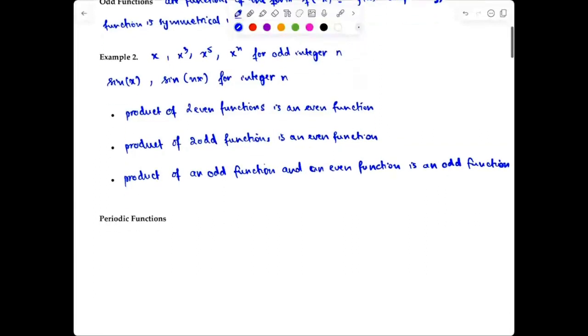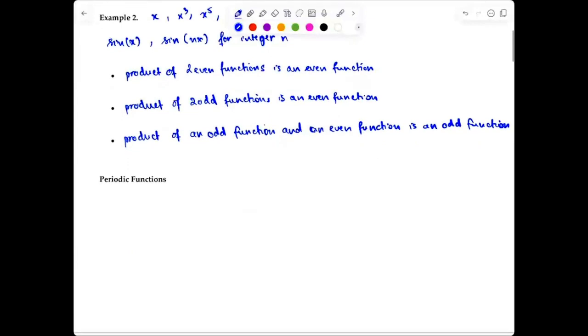Now let's move on to another definition: periodic functions.